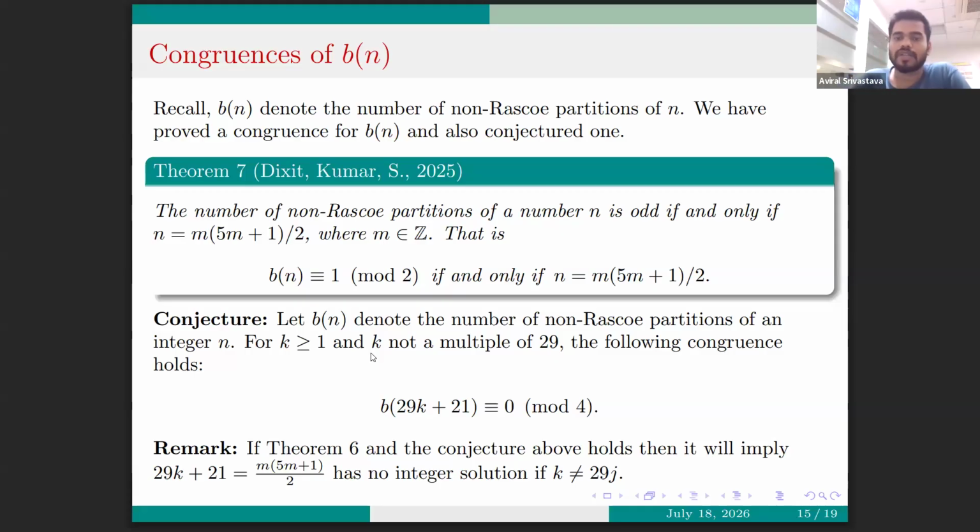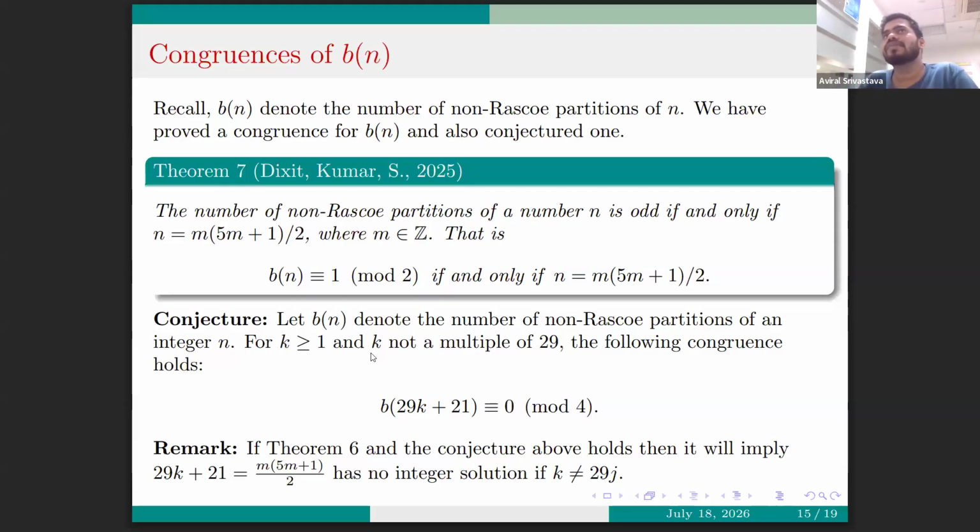And k here should not be a multiple of 29. Although after our paper, if k is a multiple of 29, we will have some other congruence. So we have refined this conjecture a bit, but I have not mentioned it here. If k is a multiple of 29, we will have a slightly shifted congruence. But for the time being, this is the congruence.